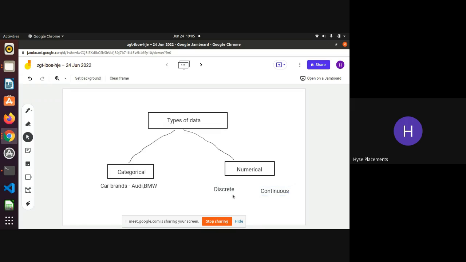Numerical is divided into discrete as well as continuous.